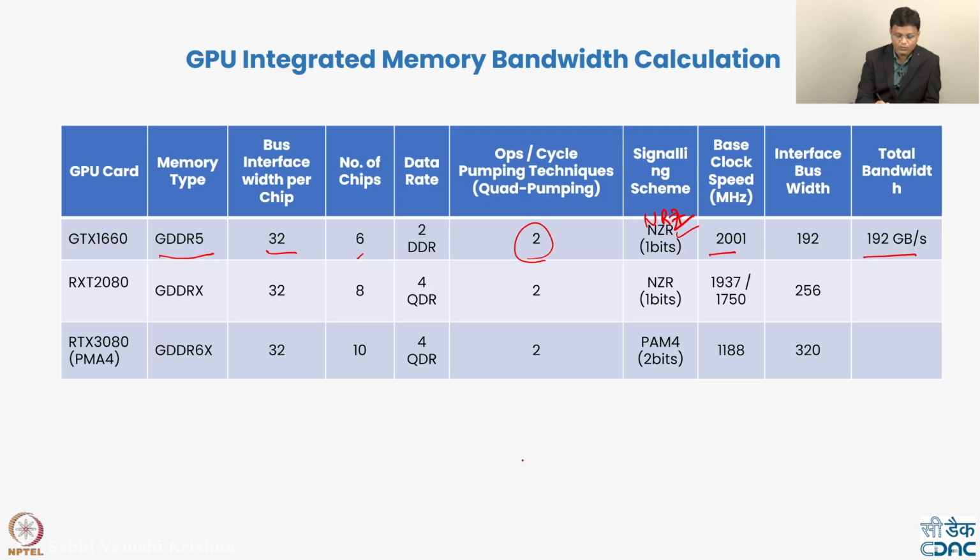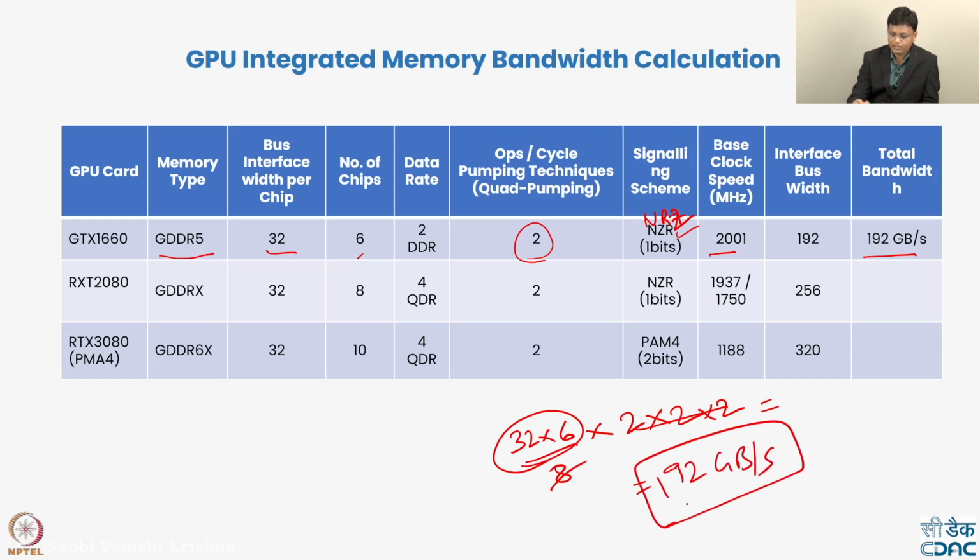The formula is: the number of bits is 32 multiplied by 6, divided by 8, since 8 is the number of bits in a byte, and then multiplied by 2 for DDR because of double data rate. Operation per cycle, pumping technique is also 2, and the base clock frequency is also 2. If you calculate this value, it comes to around 192 gigabytes per second, you can do the calculation.